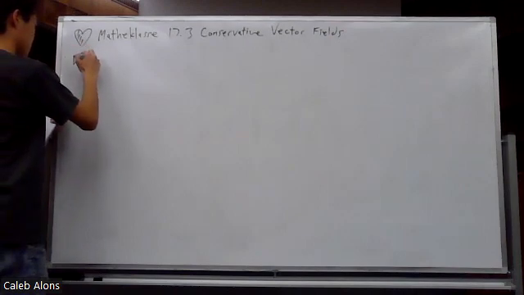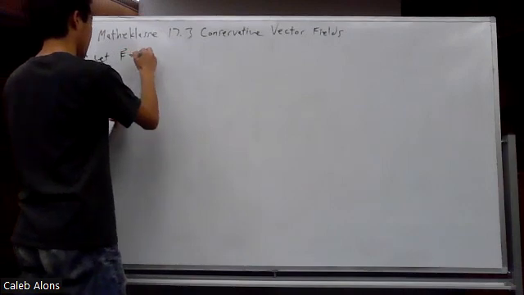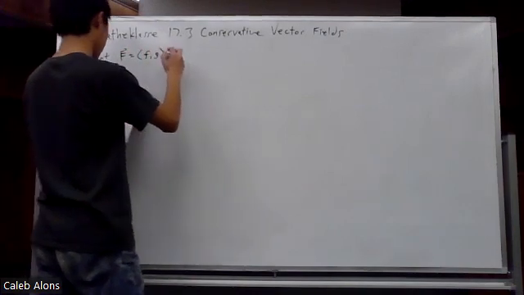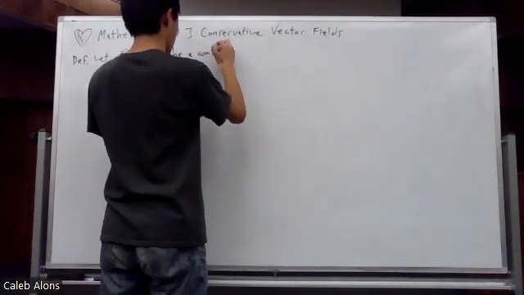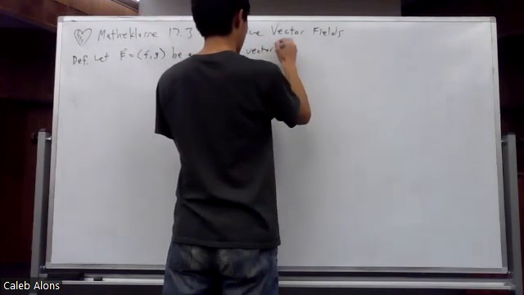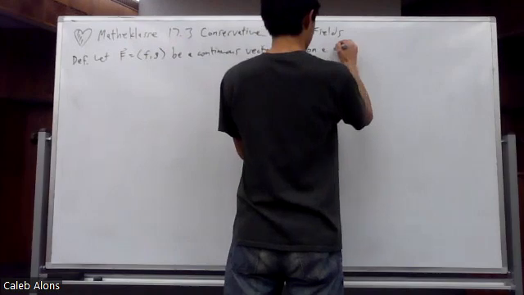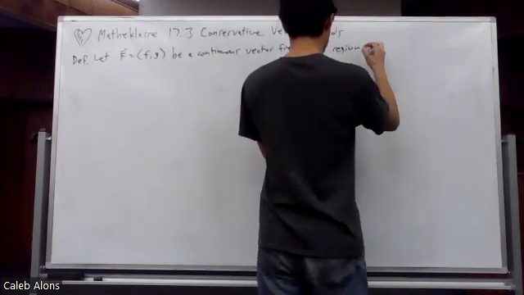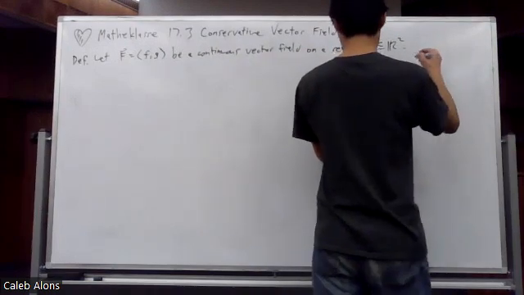Definition. Let F be a continuous vector field, F = (F, G), on a region R of R2.